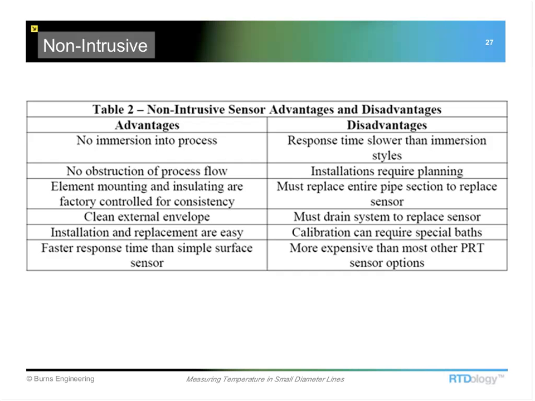Calibrating these sensors typically can be done in a bath, either an oil bath or an ice bath, which is a really good way to check to see if it has shifted at all. So it can be done. It's just a little more awkward than a 1/4 inch diameter probe that you stick in your hot block or oil bath and measure that way.